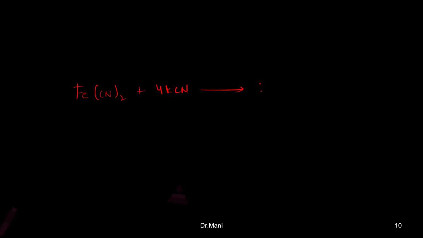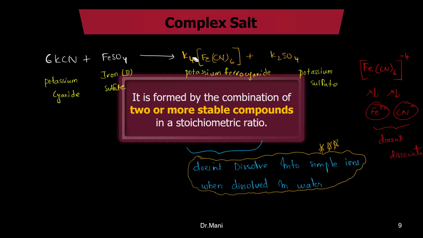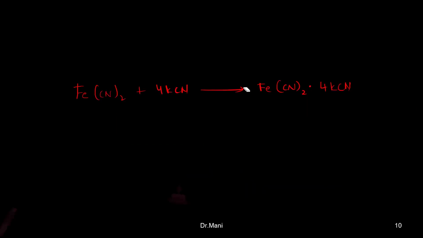It will give Fe(CN)2·4KCN. Remember this. Actually this Fe(CN)2·4KCN is also called potassium ferrocyanide. This is another form. If you don't want to put it into the brackets, you can write it this way. So this is also potassium ferrocyanide.